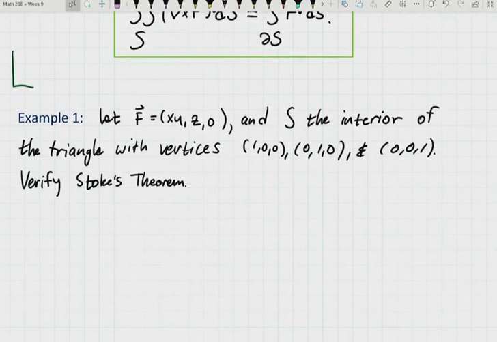All right, so let me try and draw it. Got a vertex here, here, and here.